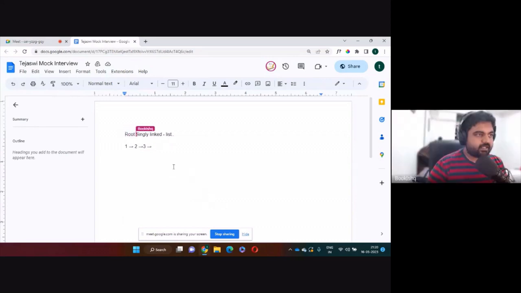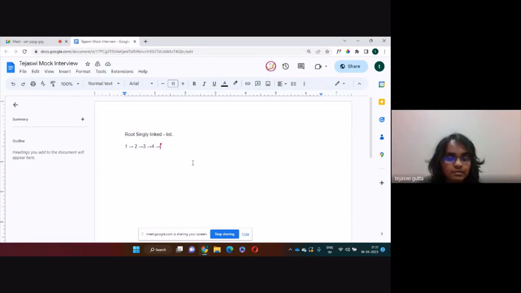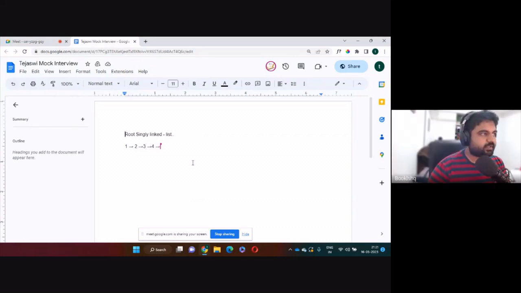In this example, suppose we are given a singly linked list like this, and this 4 is pointing towards the value null. If that is the case, we cannot find any issues, and there is no cycle detected. But say, for example, this 4 somehow points back to value number 1. Let me try to see if I can use a pen to draw over here.